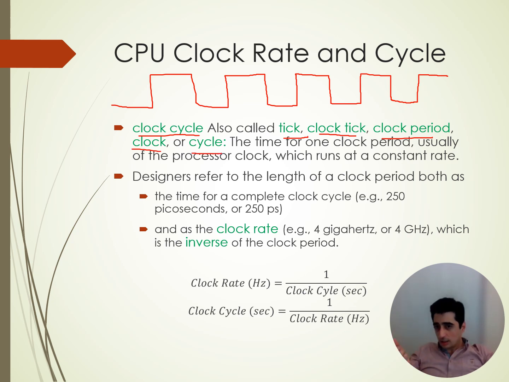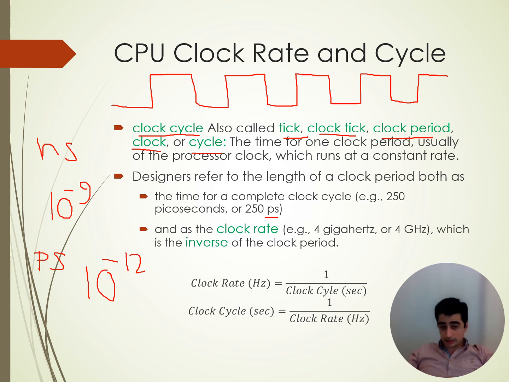This time is usually very, very small, and we usually represent the time using picoseconds or nanoseconds. 1 nanosecond is 10 to the power of -9 seconds, and 1 picosecond is 10 to the power of -12 second, which is a very, very small measurement unit for time.